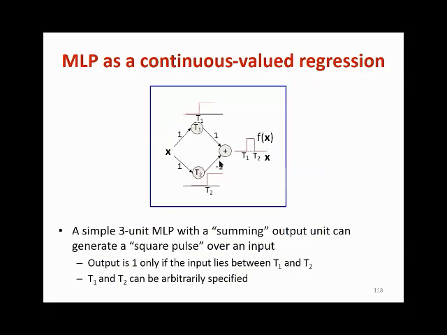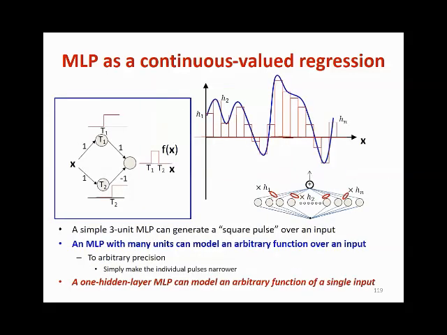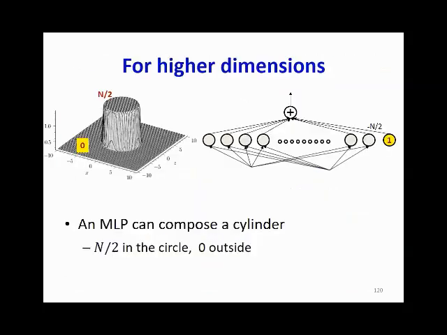So if I have a threshold of 1 over here, I'm going to get this boundary, right? And then we saw subsequently that I can compose any scalar function of any scalar input with a one hidden layer MLP by simply approximating the function as the sum of many such pulses which are scaled to the right height. Now this is true for a scalar input, one-dimensional input, but this also generalizes to higher dimensions.